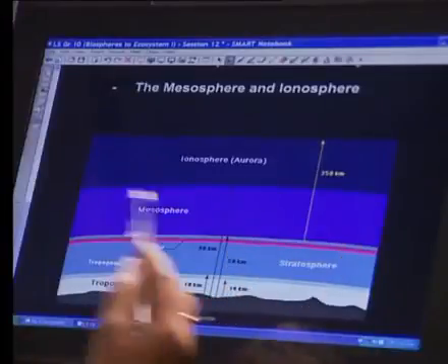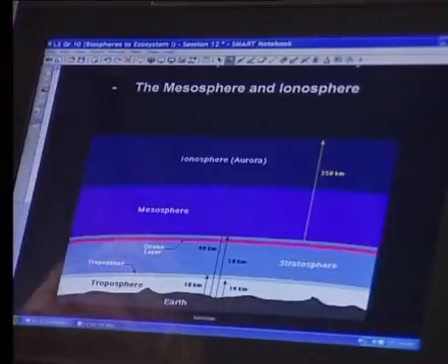But a very important layer for us is this ozone layer. Now, I'm sure you heard a lot about the ozone layer. What is the ozone layer? In a very brief sentence, it is a variety of oxygen that you and I need.